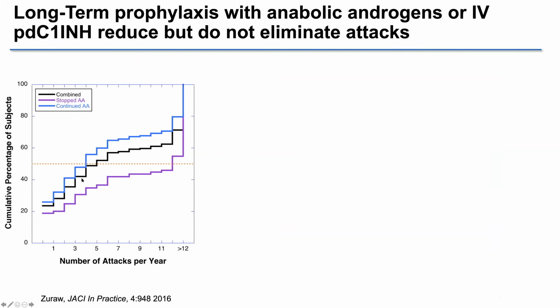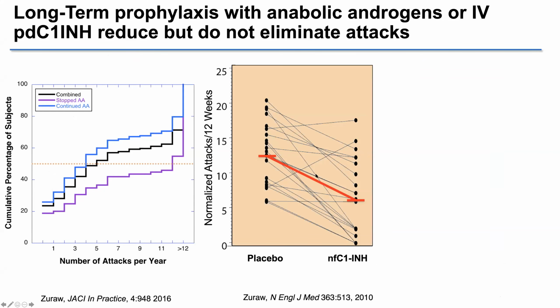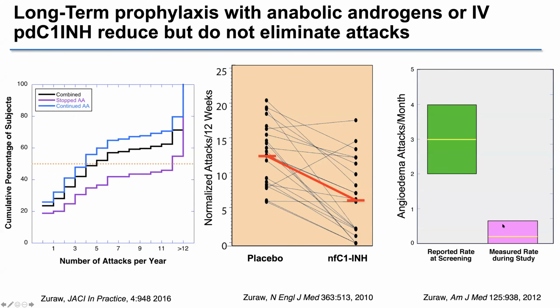Here's the average. This is C1 inhibitor given IV, which only reduced the attacks 50% in the trial, but had close to a 90% reduction in open label use. And when we compare the data, IV C1 inhibitor works better for every level of control than do androgens, but it's still not good enough.